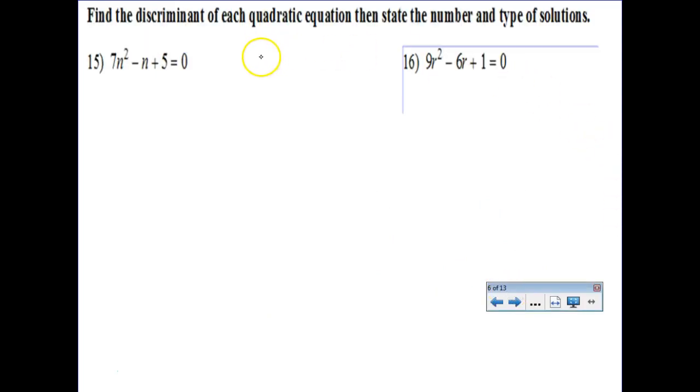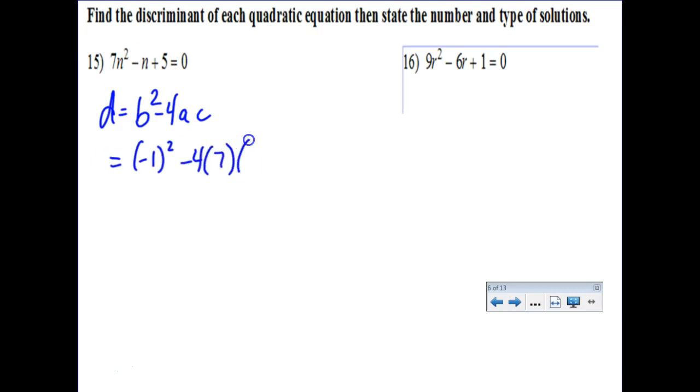Next concept, the discriminant. Calculate it and then also know what that means. So the discriminant is b squared minus 4ac. So b in our case would be negative 1 squared minus 4 times a is 7 and c is 5. So this is 1 minus, let's see, 20, 140.